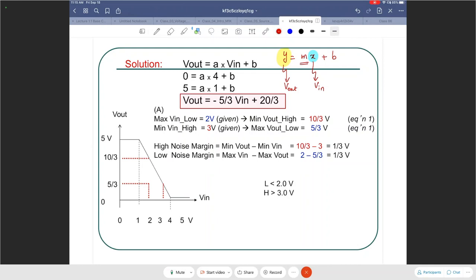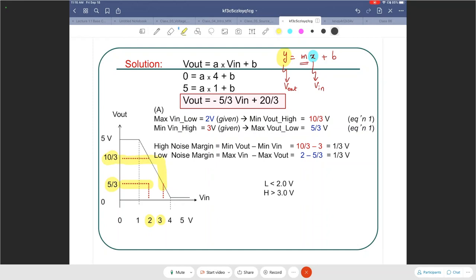Now, what is going to be the noise margin for the low level and for the high level? Well, for that I need 4 points. I already have 2 of them, 2 and 3, because that was given information. Those were the thresholds for the input, as below 2 is low, above 3 is high. That was the given information. And using the equation of the line, I would find their corresponding outputs.